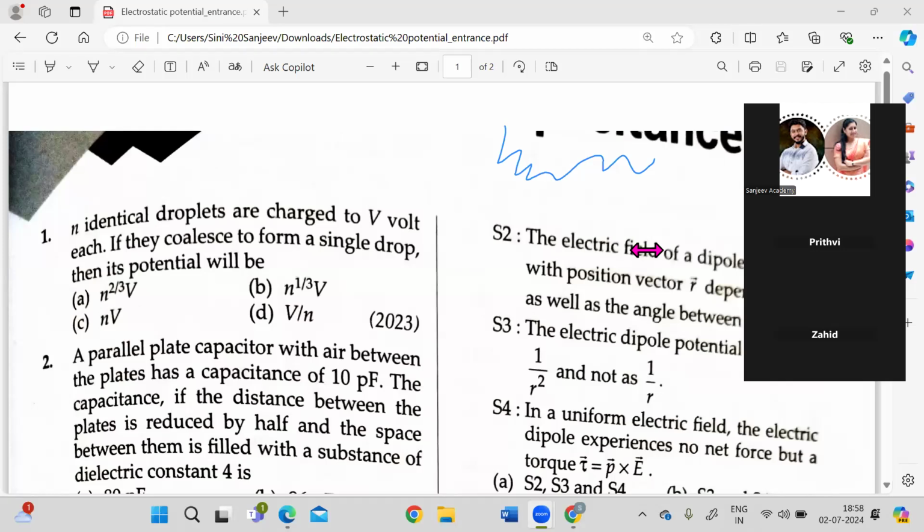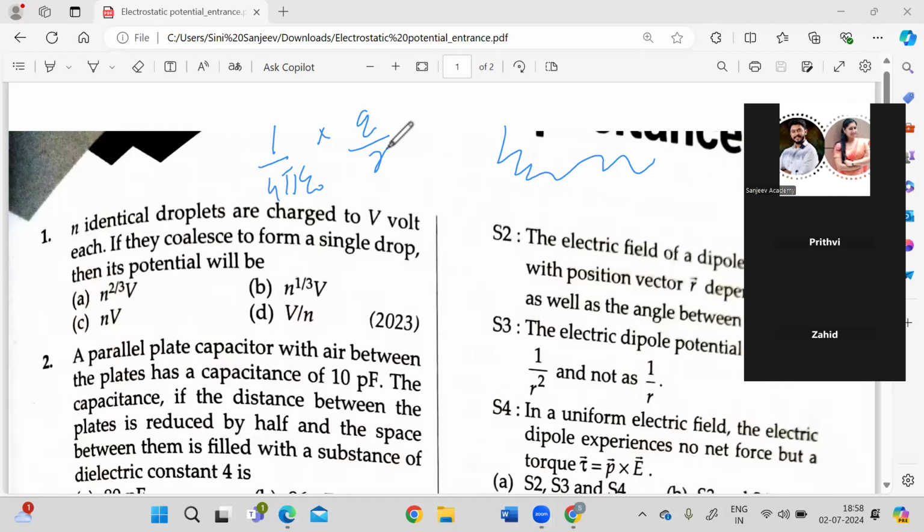See, the basic way of doing this question: the first one is potential. The moment we see potential, what is the basic formula which comes into our mind? 1 by 4 pi epsilon naught into Q by R. Correct? This is the basic formula. But here, how many charges are there?